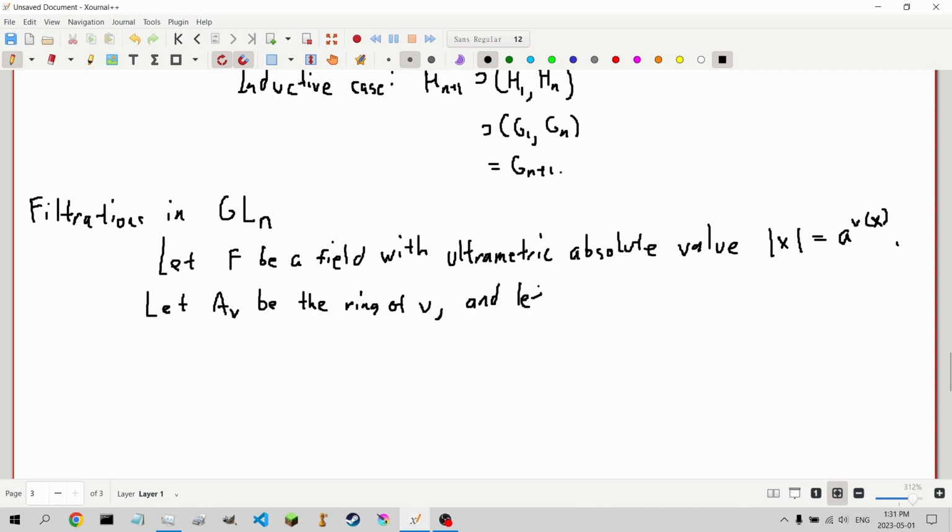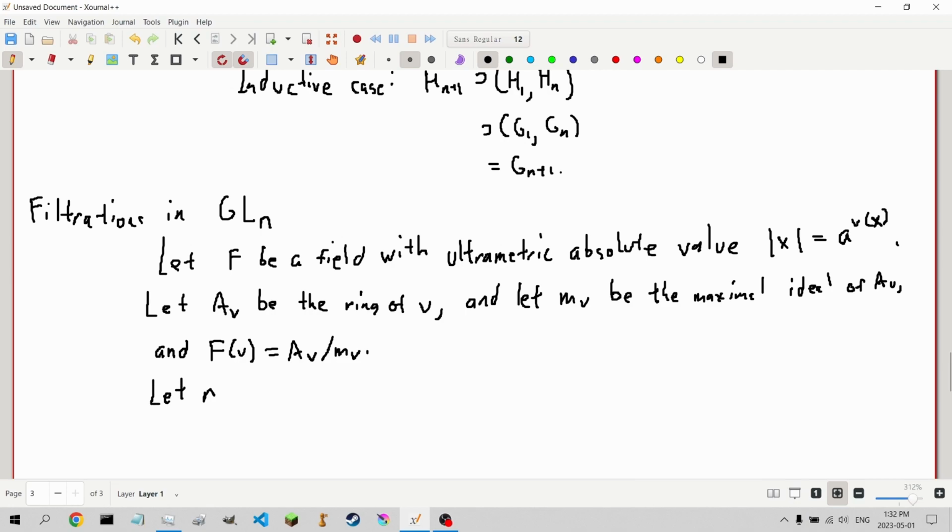I'm going to let MV be the maximal ideal of AV. And then, of course, we're going to take the quotient, with F, V being set equal to the ring of V, quotienting out its maximal ideal.